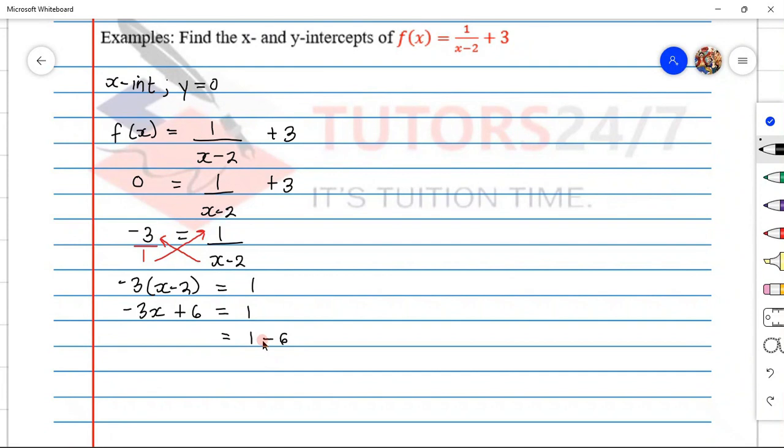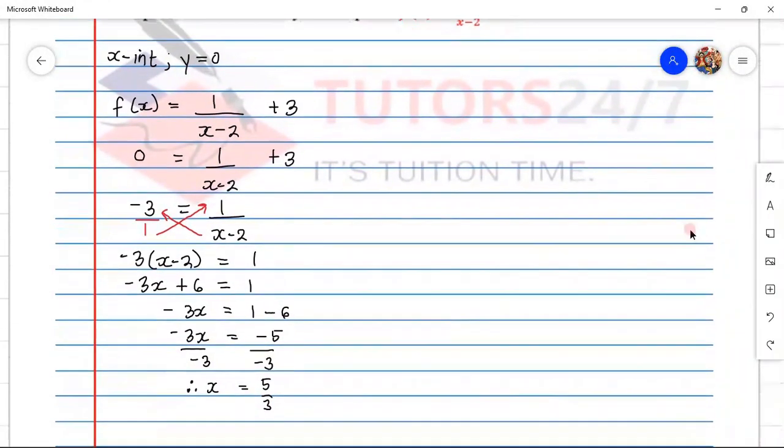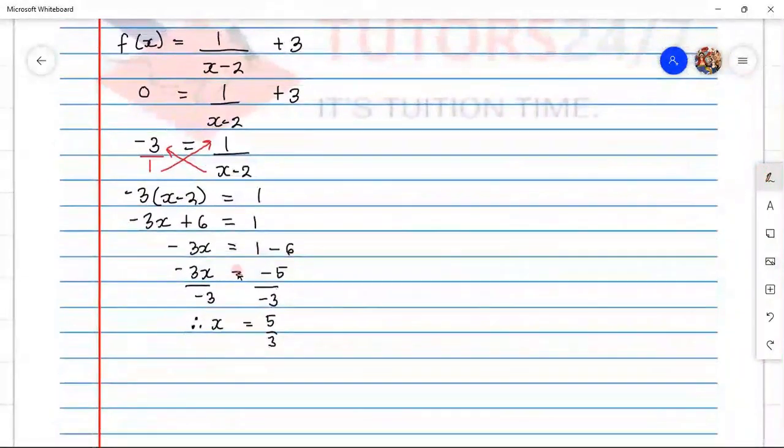What I want is all of my variables on one side and all of my constants on the other side. So I bring down my negative 3x, and 1 minus 6 gives me negative 5. From this point, I can divide both sides by negative 3, and I therefore have my value of x as positive 5 over 3, because negative divided by negative is a positive.